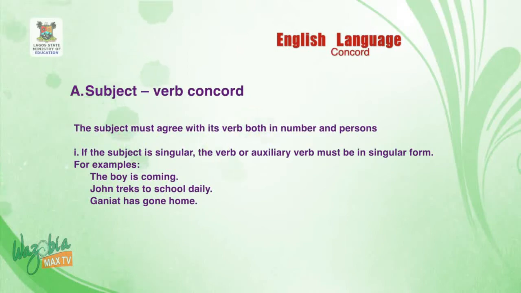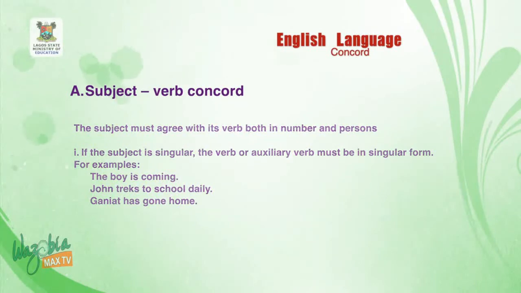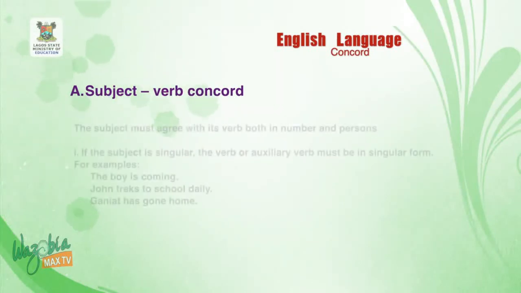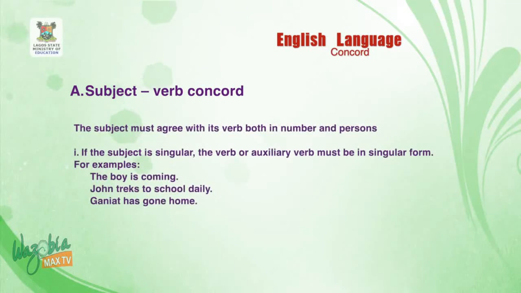So, if the subject is singular, the verb or the auxiliary verb must be singular in form. For instance, the boy is coming. Boy is. 2, John treks to school daily. 3, Ganiat has gone home.